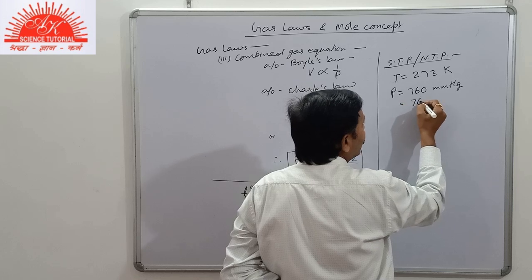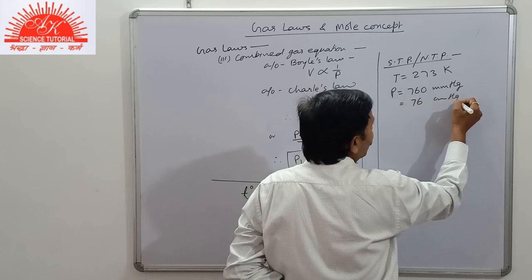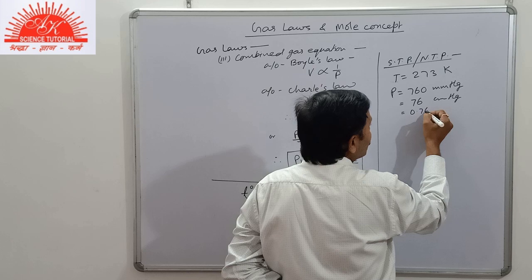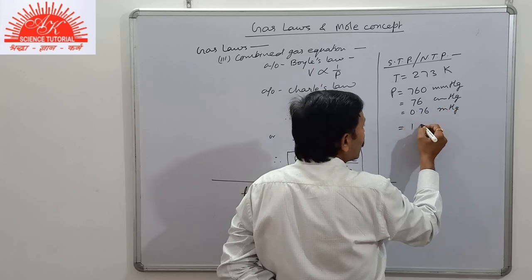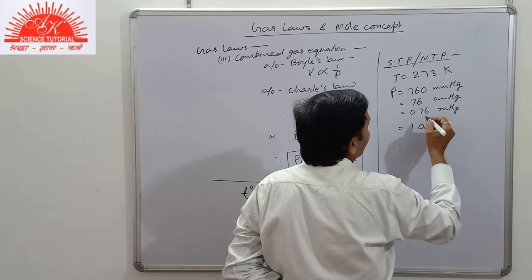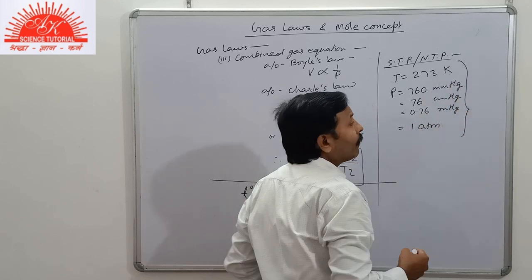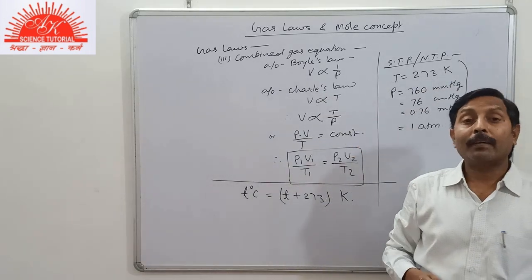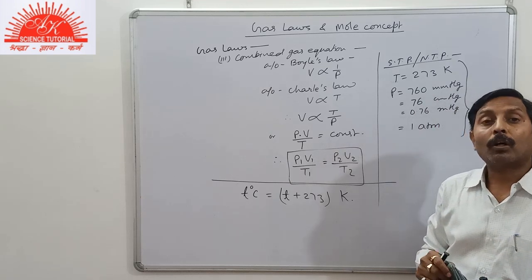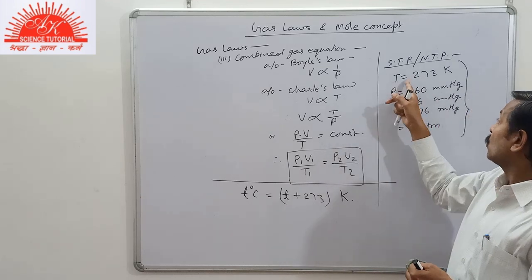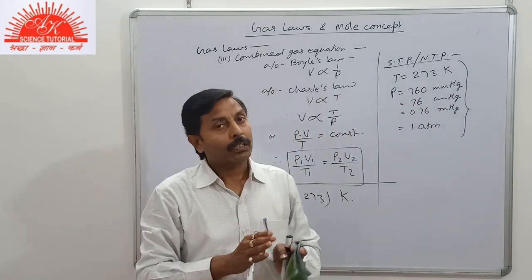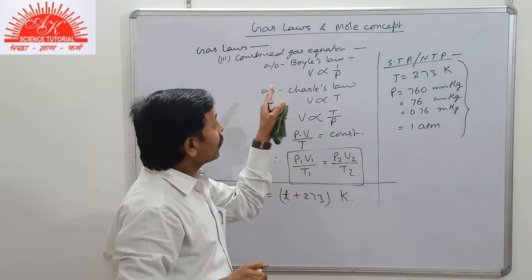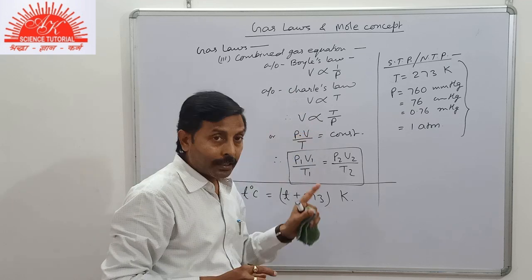This is 76 centimeter of mercury or 0.76 meter of mercury. That is also written as 1 atmosphere. So this is the value of STP. Wherever it is given that the volume is at STP, these two quantities will be taken as constant values. Clear, students? So this was the basics studied in class 9th.